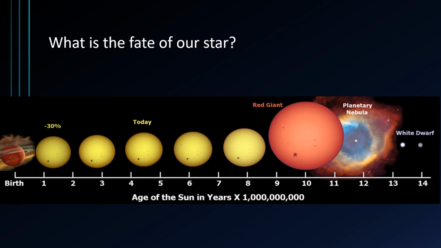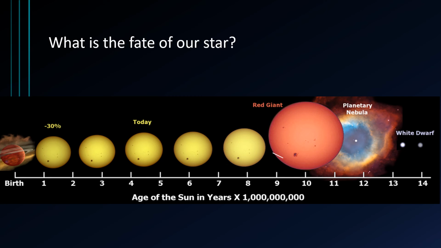Now, like I said, our star is not doomed for such a cool fate. But as our star has progressed, you'll notice this negative 30% right there. That's just showing the luminosity of our star as it ages. And so it was about 30% less. As we go, it also grew a little bit in size.